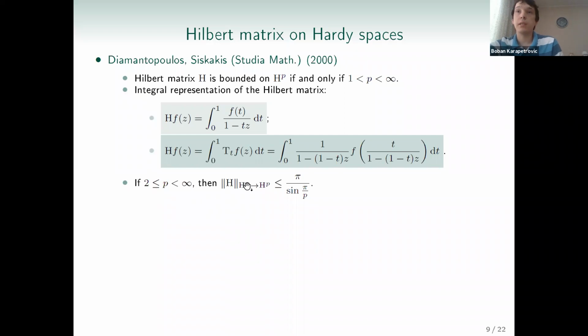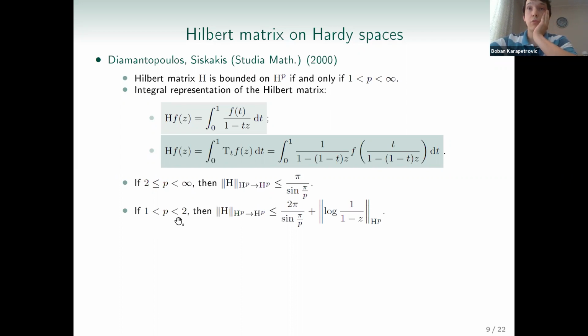So they obtained this upper bound given by this quantity, again, pi over sin(pi over p). They also proposed the conjecture that this quantity is the exact norm of the Hilbert matrix on the Hardy space H^p. And in the remaining case, when p is between 1 and 2, they obtained this less precise upper bound.